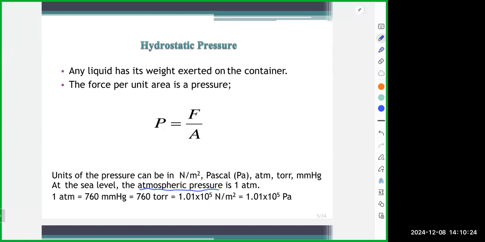For example, it is about 760 millimeters of mercury, or we can call it 760 torr. And when you convert it into the metric unit, Newton per square meter, it's around 10 to the 5 Newton per square meter, or we call it Pascal.